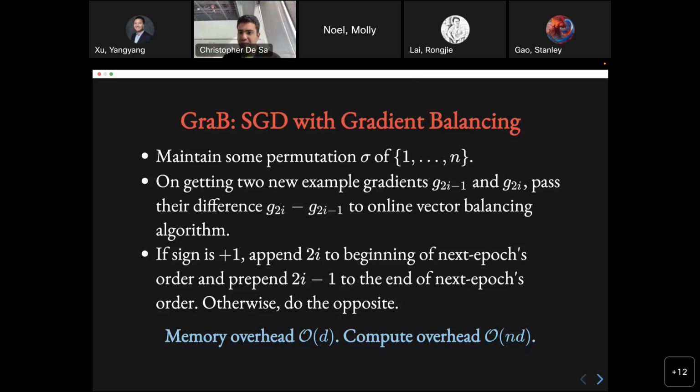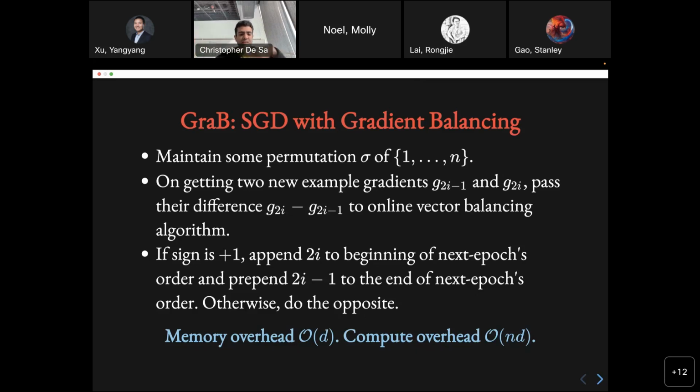And so what we're doing here is we're constructing the permutation to use for the next epoch as we're running the current epoch. And the nice thing about this is that it has very low overhead. So it has a memory overhead proportional to D, the problem size, the dimension, because all we need to do to store new things is to store the accumulator used by the online vector balancing algorithm, and that just takes time proportional to the dimension.